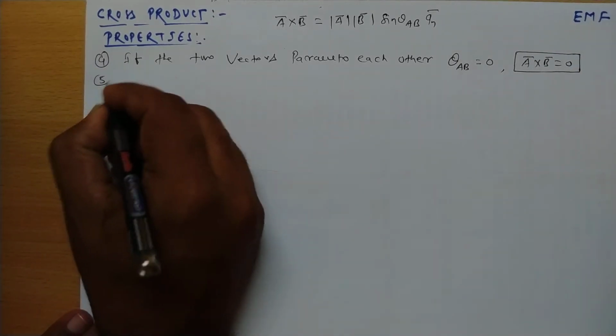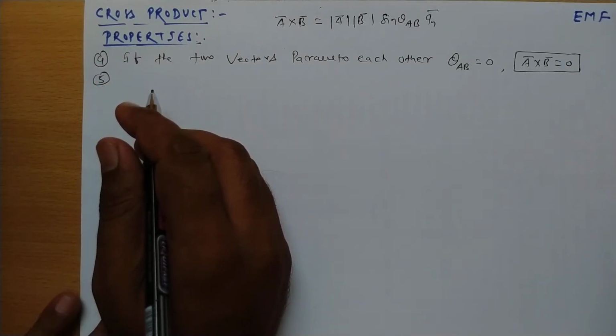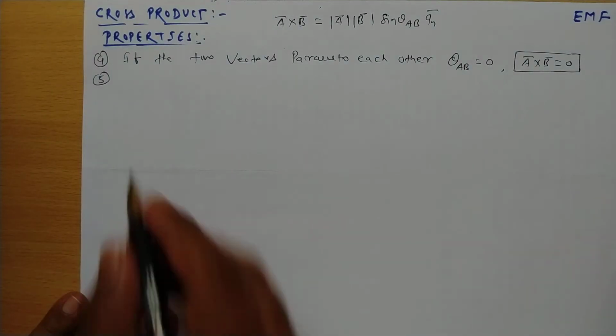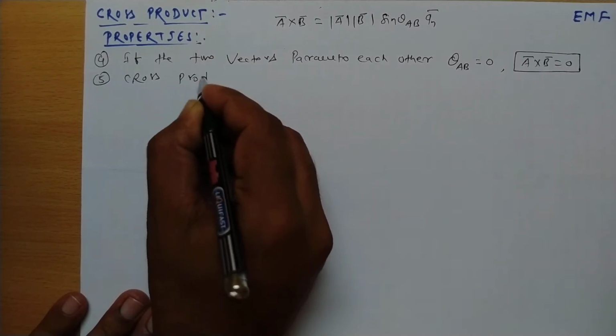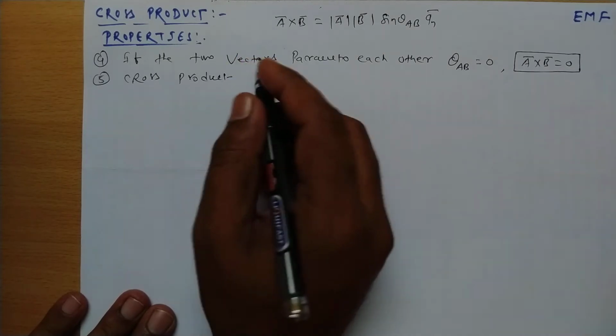Next, we can say the cross product of a vector with itself.